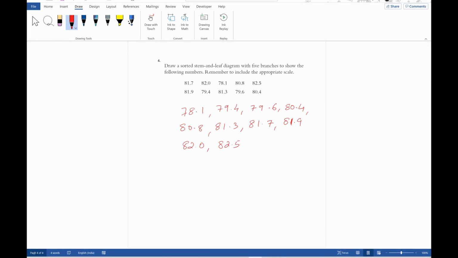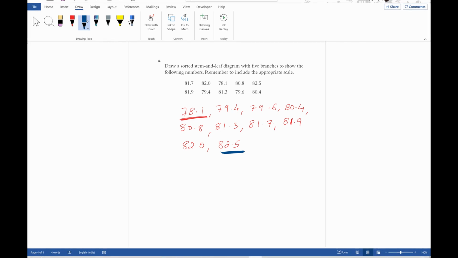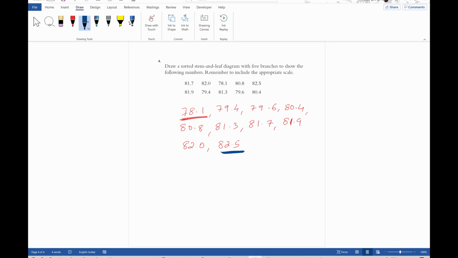So now I understand that the smallest number is 78.1, and it goes all the way up to 82.5. The clue given is that this stem and leaf diagram needs to have 5 branches. So how can we arrange it?